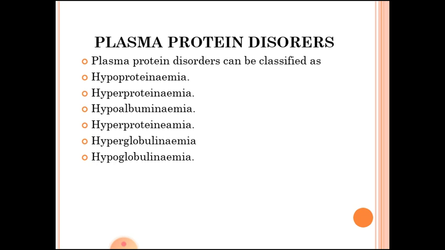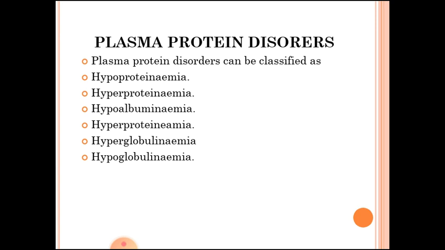Plasma protein disorders include low plasma protein, also known as hypoproteinemia, or increased plasma protein, also known as hyperproteinemia. Low plasma albumin is also known as hypoalbuminemia, and increased plasma albumin is hyperalbuminemia.